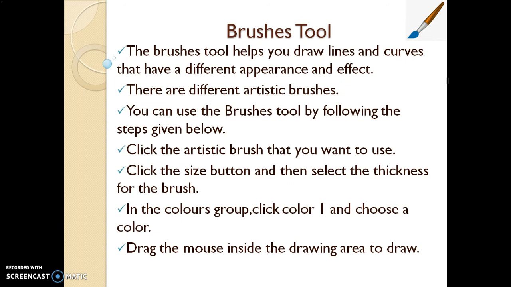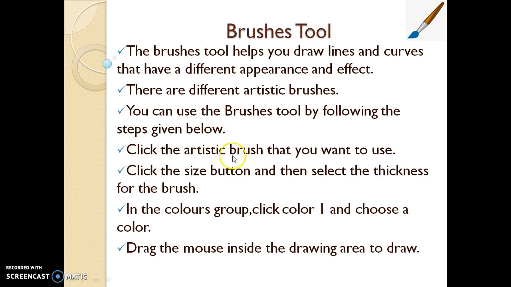Second is the brushes tool. The brushes tool helps you draw lines and curves that have a different appearance and effect. There are different artistic brushes that you will find in Microsoft Paint. You can use the brushes tool by the following steps.